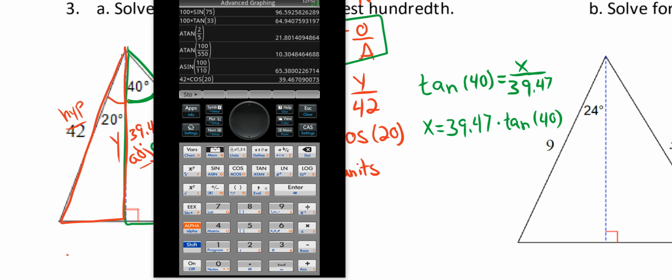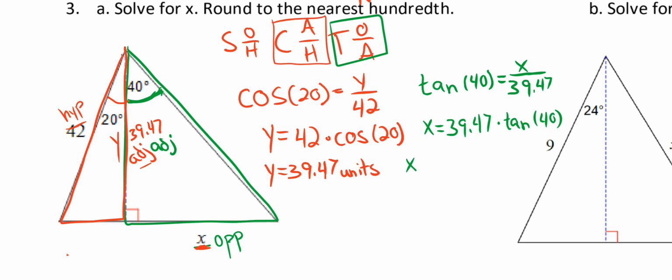Enter, and we get a final answer here of 33.119. Since we're rounding to the hundredth, we're going to round that 1 up to a 2, and we get 33.12 units. So final answer, x is equal to 33.12 units. And that's it.